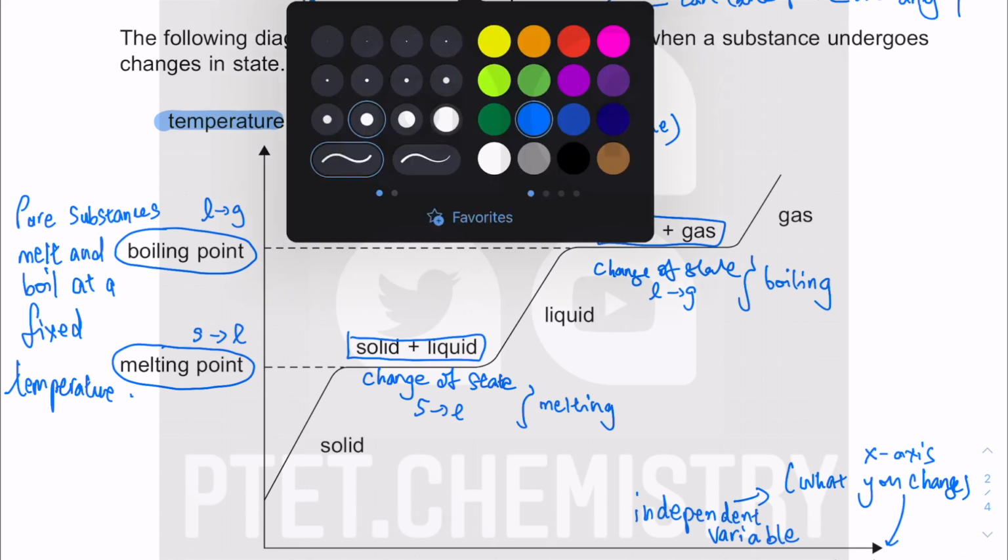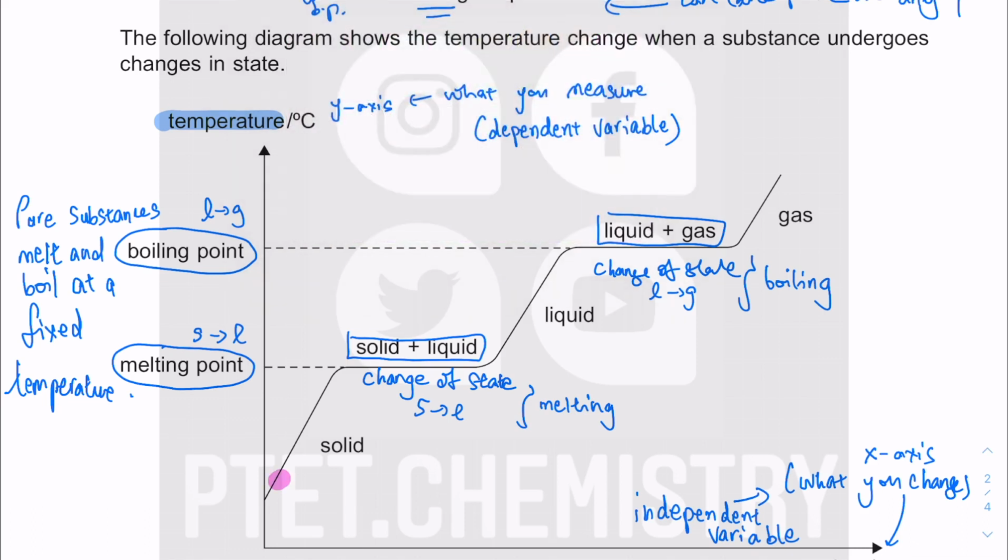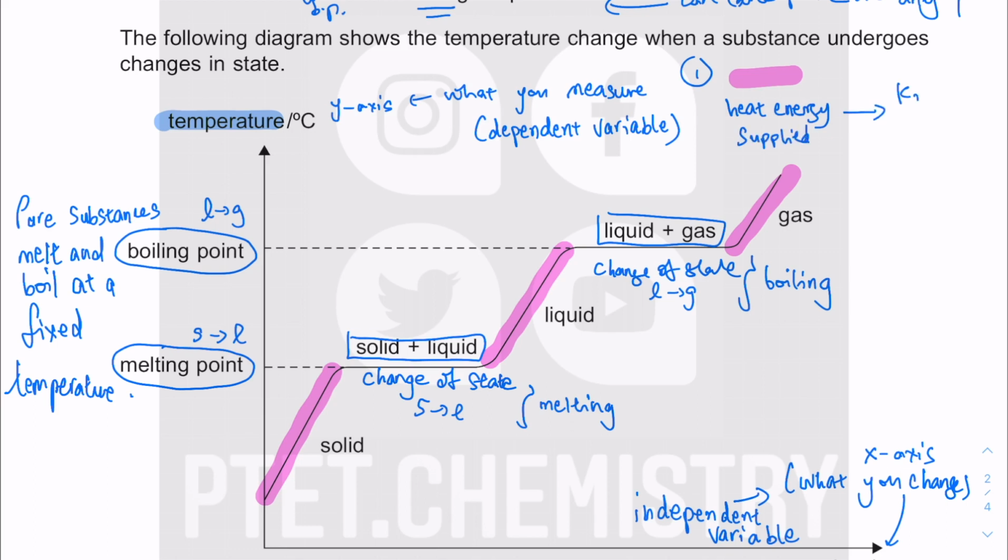As I mentioned previously, there are two parts to the graph. The first bit is to do with this vertical increase. This pink line is where the heat energy is supplied. So where is your heat energy supplied going to? The heat energy supplied is going to the kinetic energy of the particles, which increases.